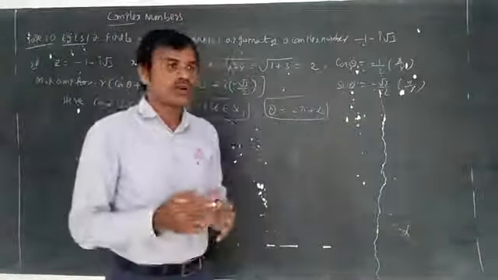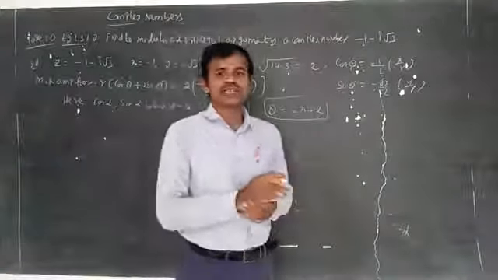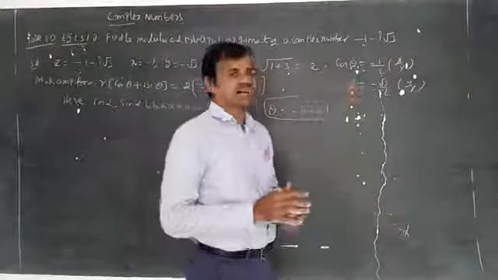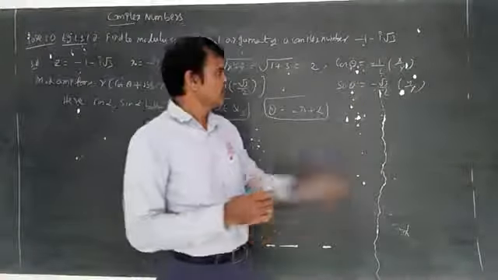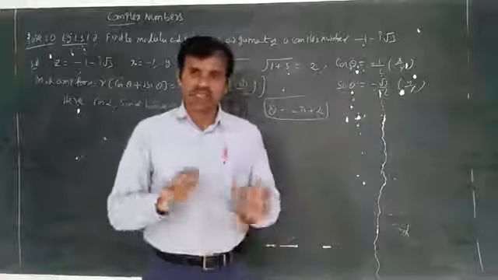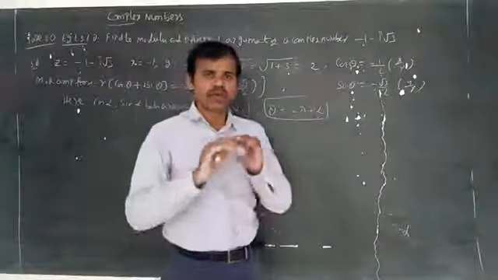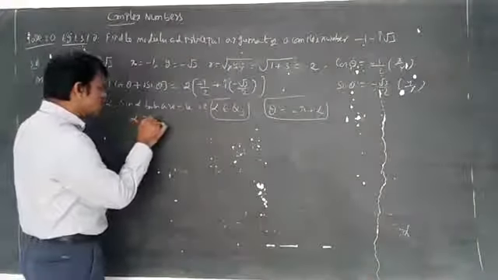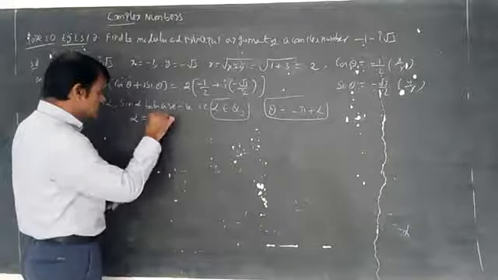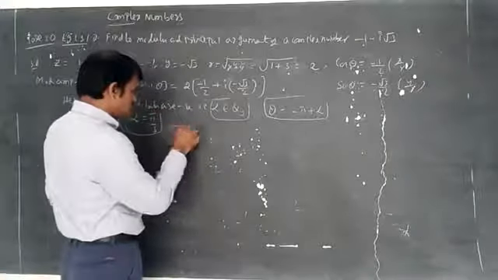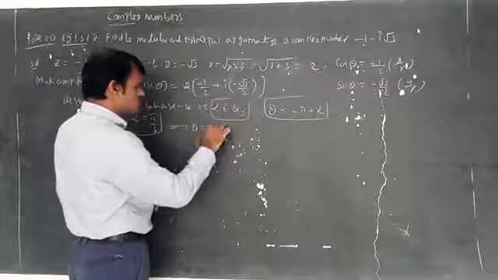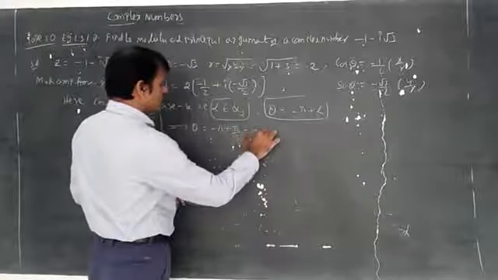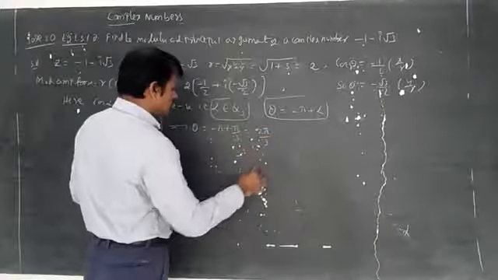Simply you can understand here, cos alpha is equal to 1 by 2. How many degrees is cos theta equal to 1 by 2? Forget about the symbol. 60. For how many degrees is sin theta equal to root 3 by 2? 60. That's all. So forget about the symbol. Now you can write here alpha is equal to pi by 3. Now that implies theta is equal to minus pi plus pi by 3, so you write here minus 2 pi by 3.